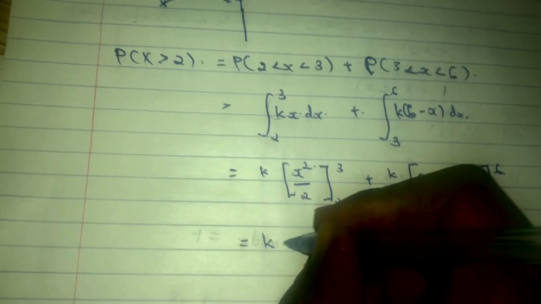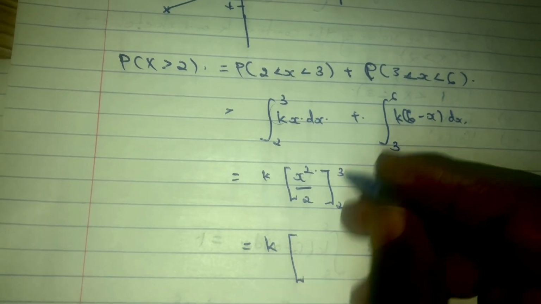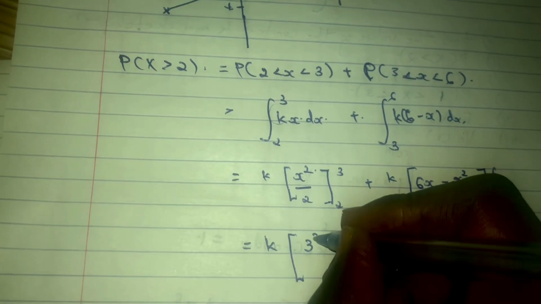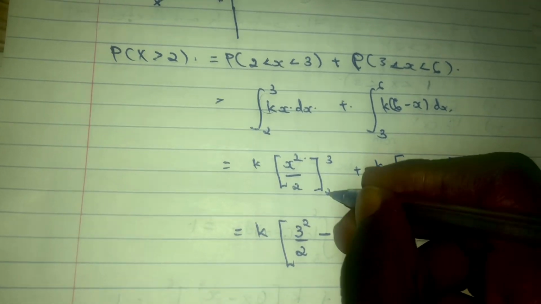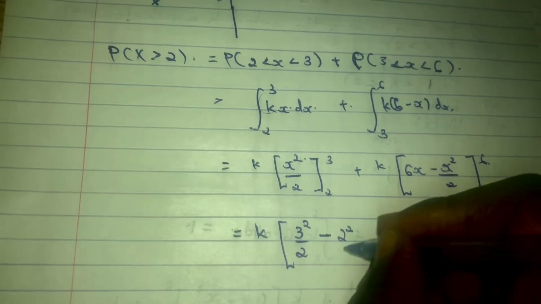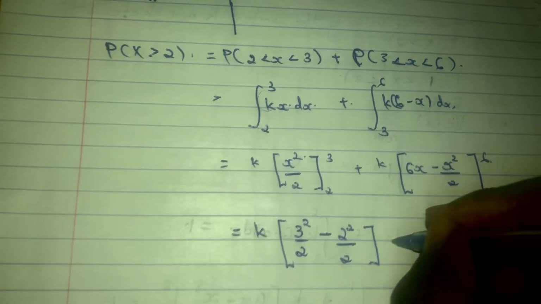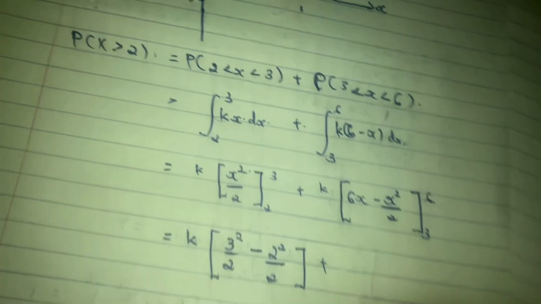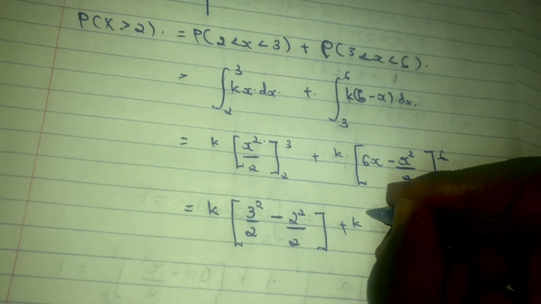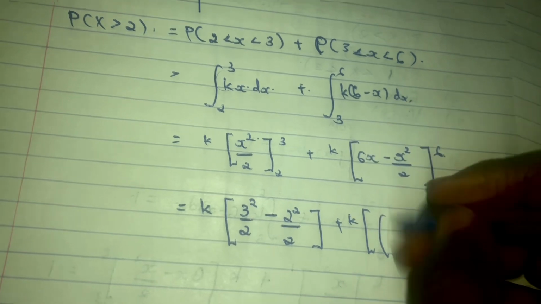So this leaves us with k into, start with 3 squared minus 2, minus, now you put in the 2 squared over 2, plus k into, now we put in the 6.